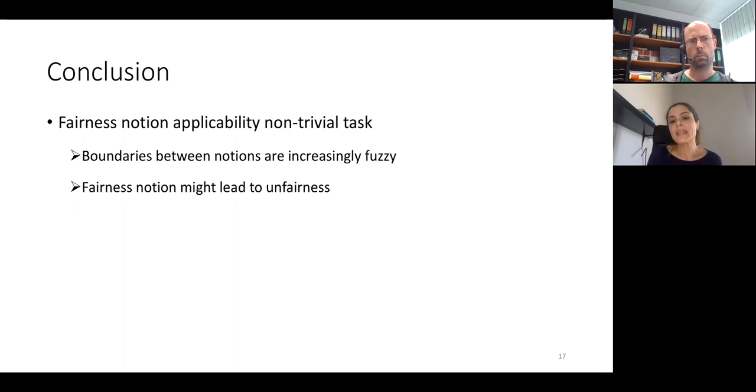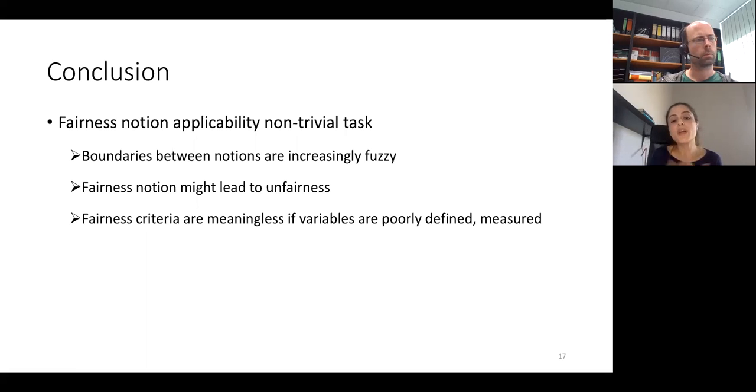Also, applying a fairness notion inappropriately might lead to unfairness, or might identify unfairness in an otherwise fair scenario, or the opposite: failing to detect unfairness while the system is actually unfair.